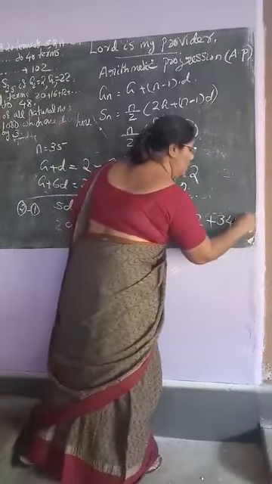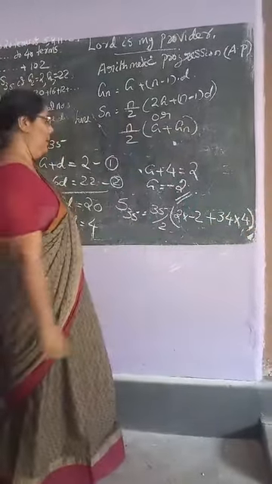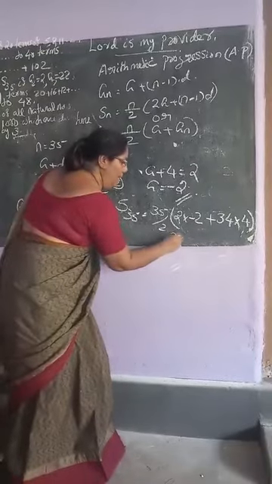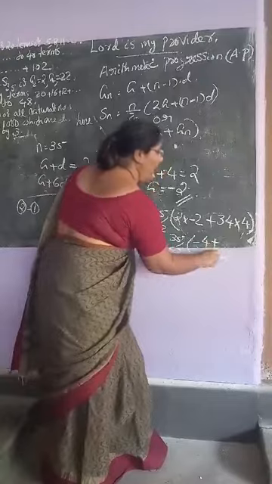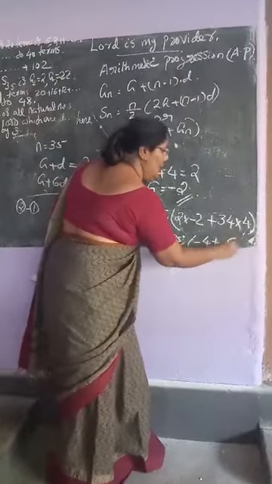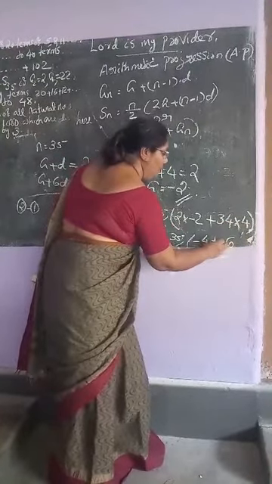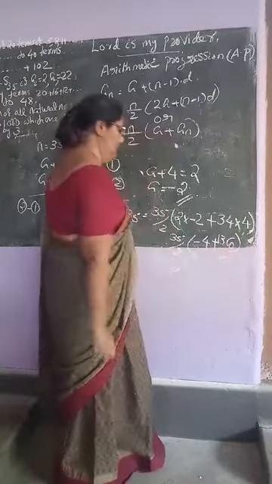D is equal to 4. That is 35 by 2 into minus 4 plus 4 fours are 16, 4 threes are 12, 136.